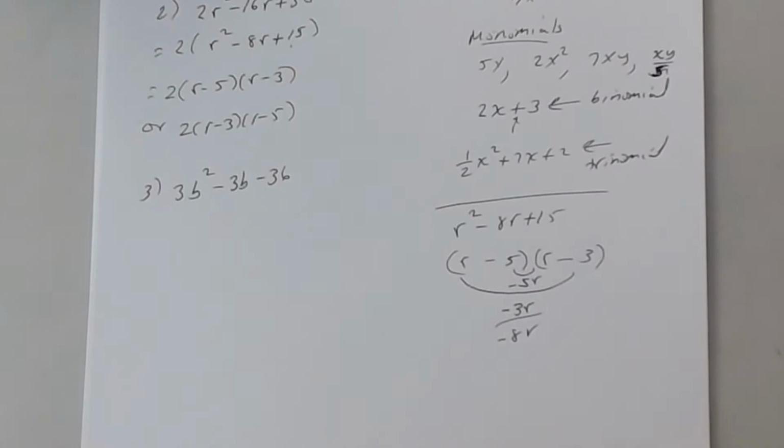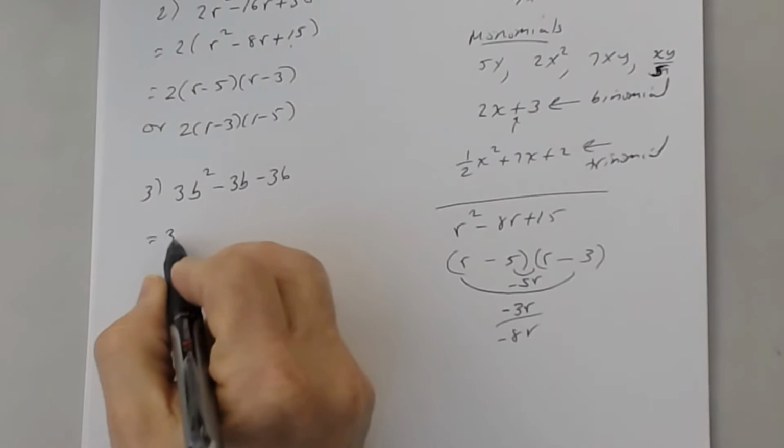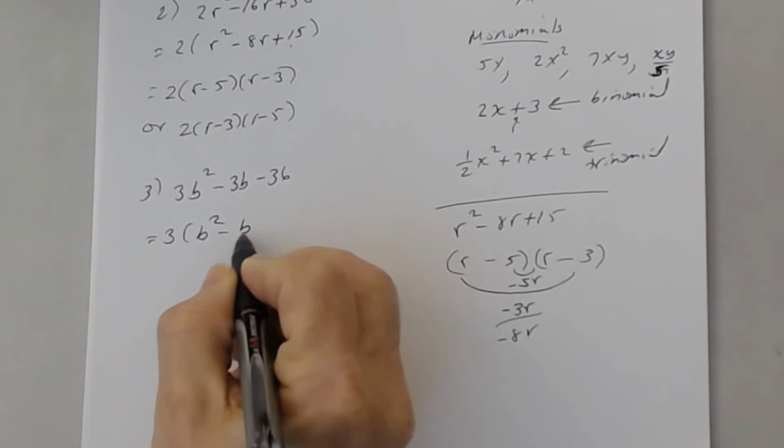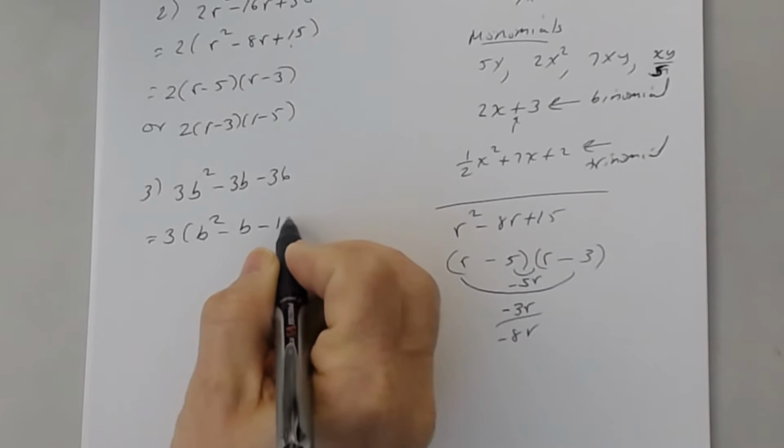All right, so the GCF is 3, so what's the next thing you're going to do? Factor it out? Okay. So how are you going to factor that? 3 times b squared minus b minus 12.